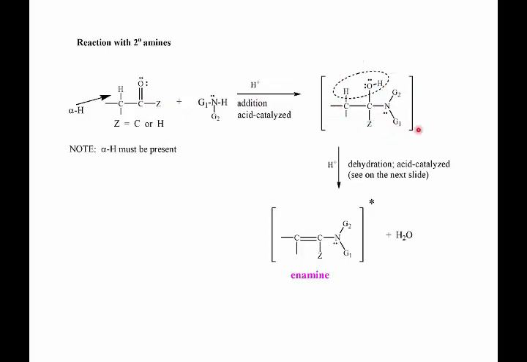The square brackets tell us that this has a fleeting lifetime. And as before, it's going to spontaneously undergo an elimination of water. But there's a big, big difference, though.